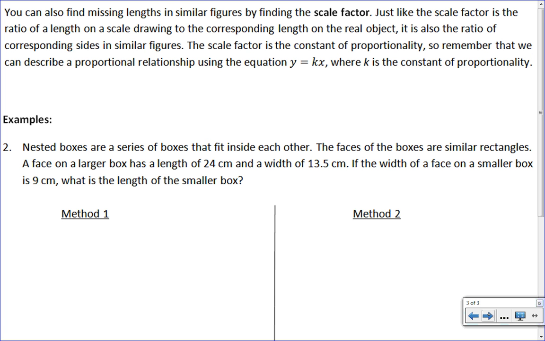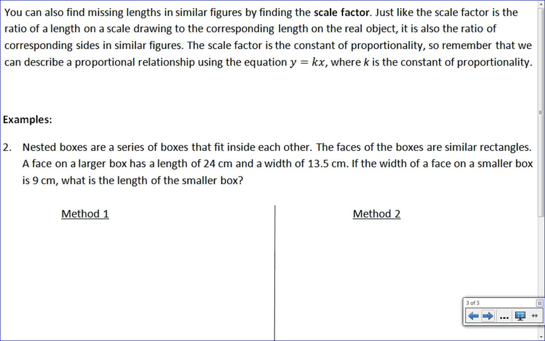The scale factor is the constant of proportionality, and we talked about this a few lessons back. We saw that when we looked at tables, and we wanted to determine if a table represented something that was proportional or not. And we found that by constantly dividing one table entry by the other one to see if the ratio was the same every time. And if it was, we called that a constant of proportionality.